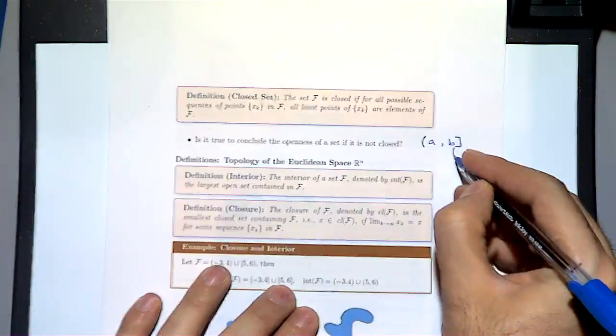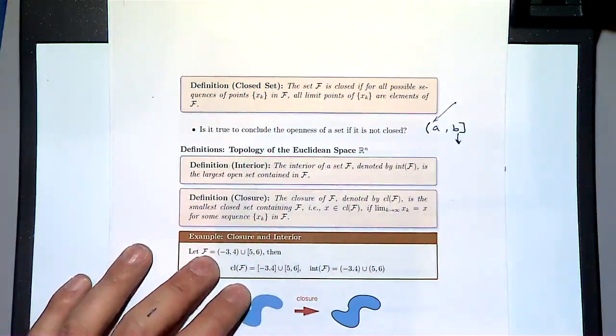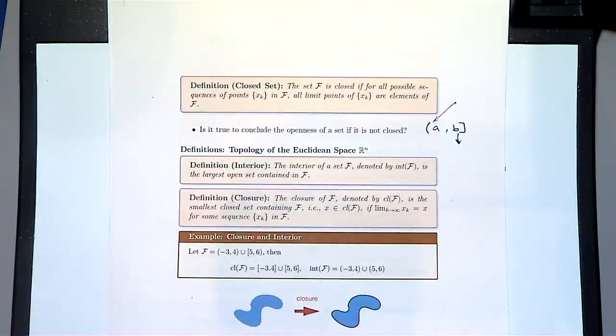So let's pick the element B. Can I fit a ball around B such that that ball remains inside the interval? No, right? Because any variation to B on the right-hand side, let's say, drops out of the set. So this set is not open. It's not closed either, because I can find a sequence that converges to A, but A doesn't belong to the set. So closedness and openness are not mutually exclusive. I can have these in-between sets.